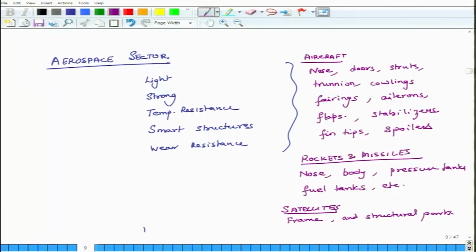But then they are also used in antenna. And what happens in antenna, a lot of times they use some smart materials in antenna, and that is where composites come in really handy.